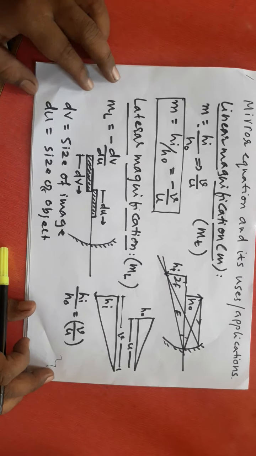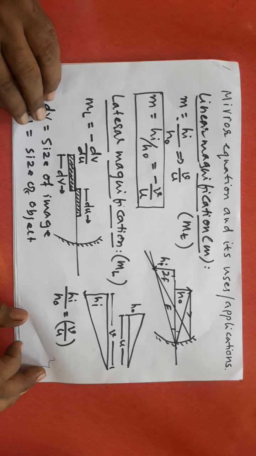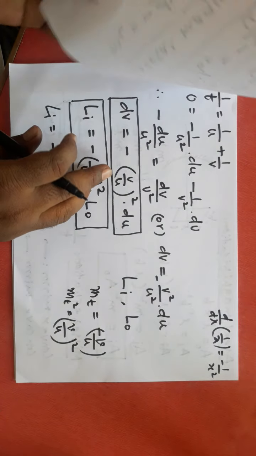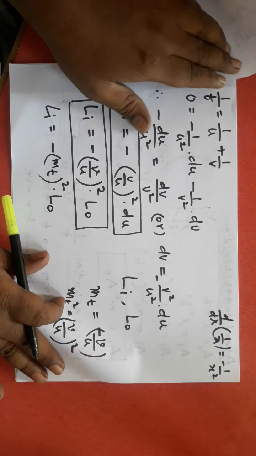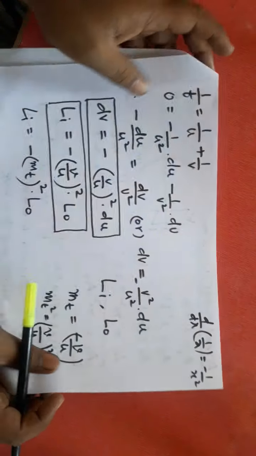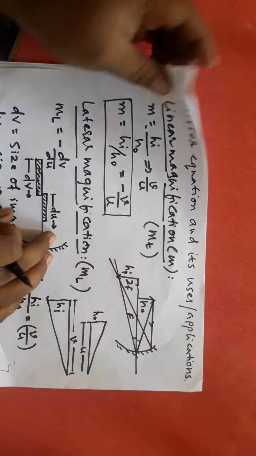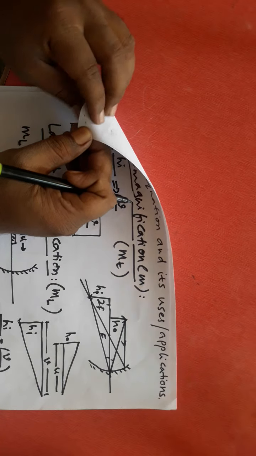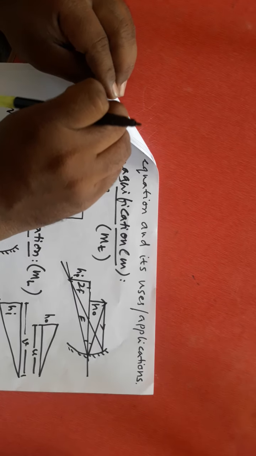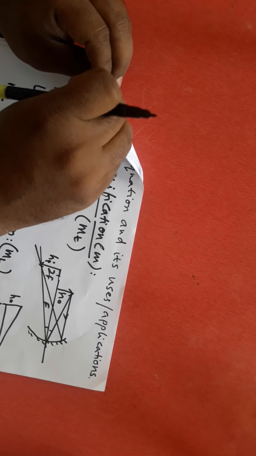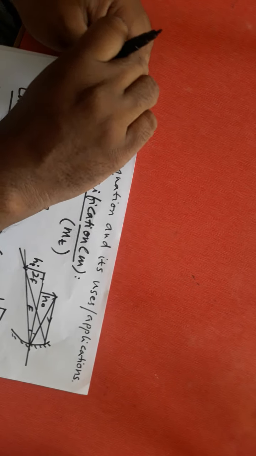Depending on all these formulae, let us solve some 3-4 problems here. Let us see how sign convention is used properly and how you can solve the problems related to the mirror equation and magnification.